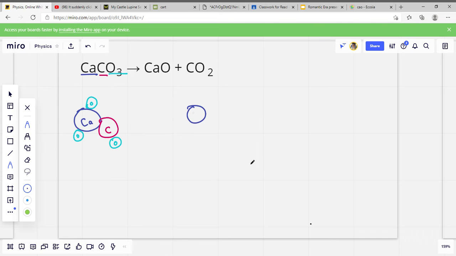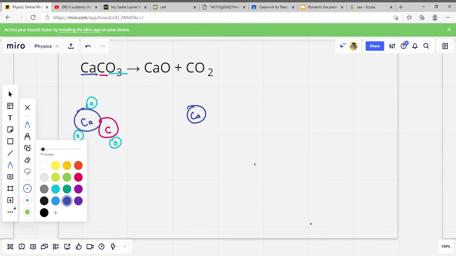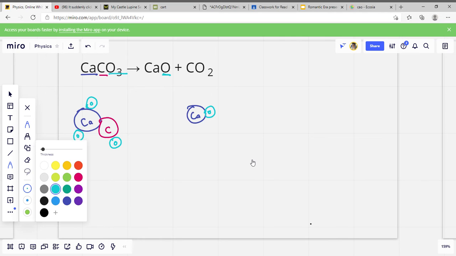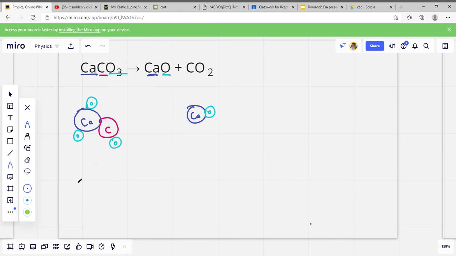So 1 calcium oxide with an oxygen on it. And then CO2. Here's our oxygen. Here's our calcium. Here's our carbon with 2 oxygens on it.